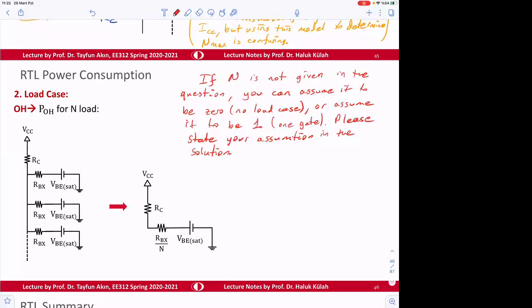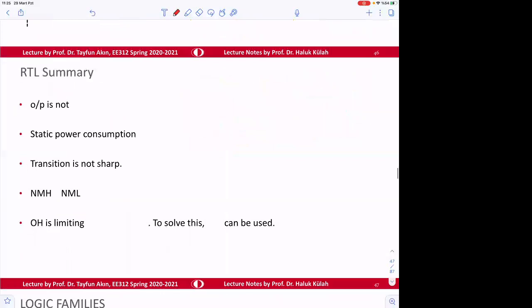Okay, so this was the RTL. In summary, in the RTL, the output is not rail to rail. So what is rail to rail? I guess it's clear.